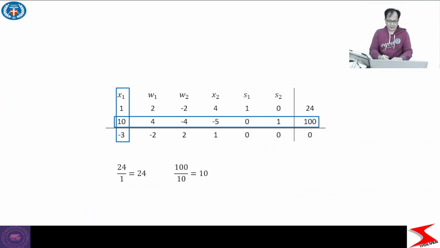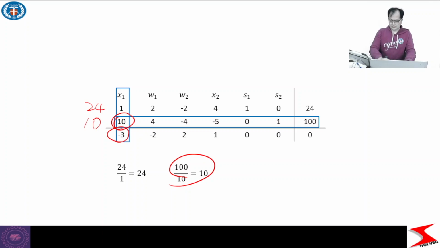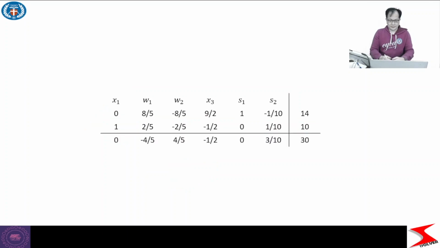Then we use the normal simplex method. Because -3 is the least value, and the replacement quantity here is 10, here is 24, so 10 would be the pivot cell. And then we get the second tableau.